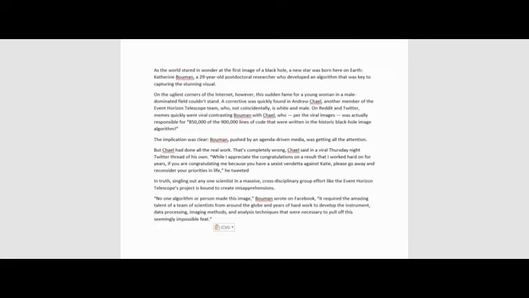So black hole, postdoctoral researcher, fame, Andrew Kale, telescope, 850,000 to 900,000 lines of code, getting all the attention. Oh, that's important.